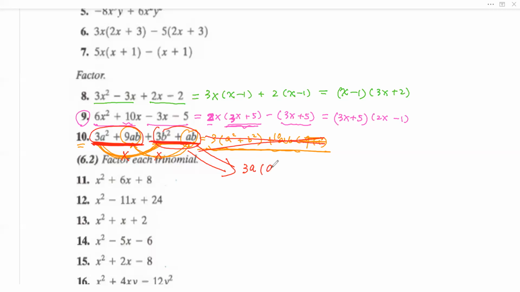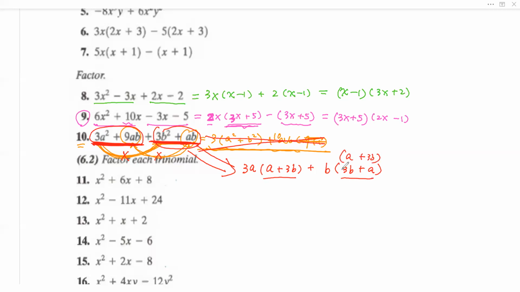3a, the rest is a plus 3b, right? What about the second part? The second common factor is b, right? It is 3b plus a. Actually, this one is reversed. We need to adjust this one a little bit. A plus 3b, right?